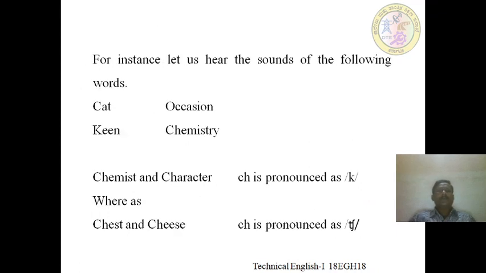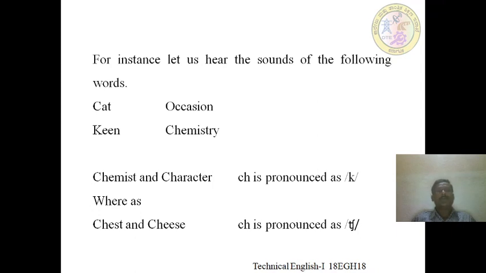For instance, let us hear the sounds of the following words. Take an example of these four words. Let me spell. The first one CAT, the second OCCASION, the third KEEN, and the fourth CHEMISTRY.